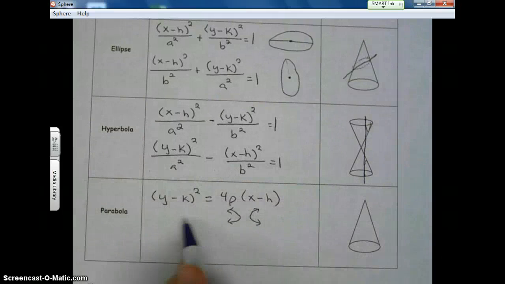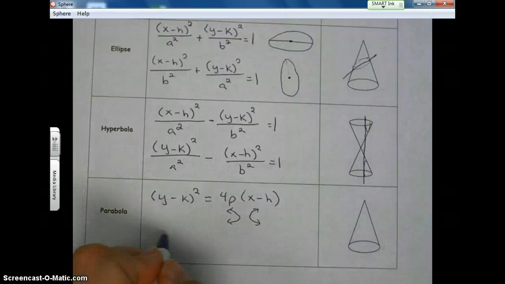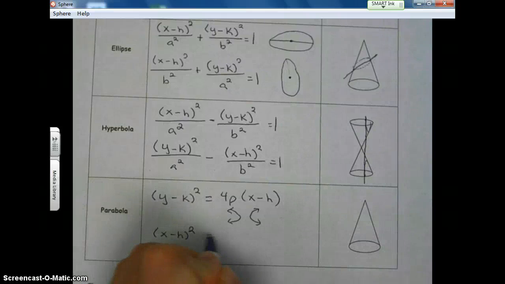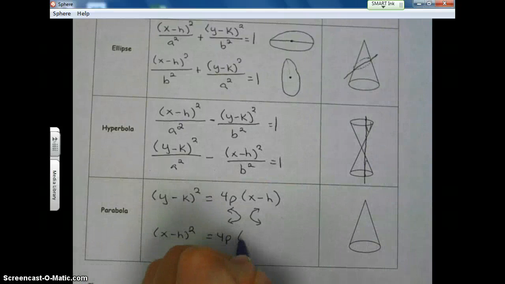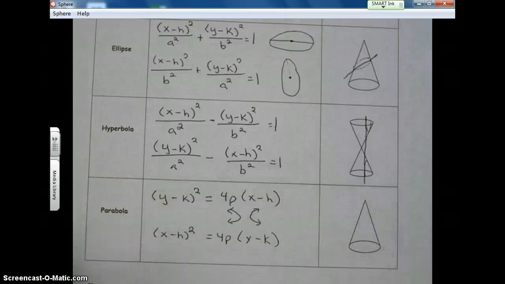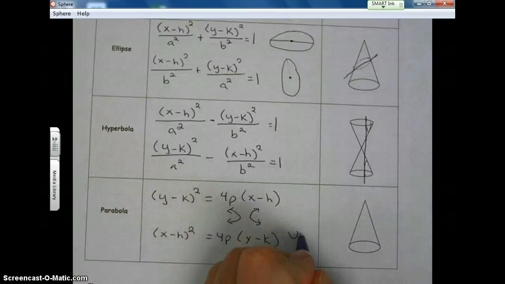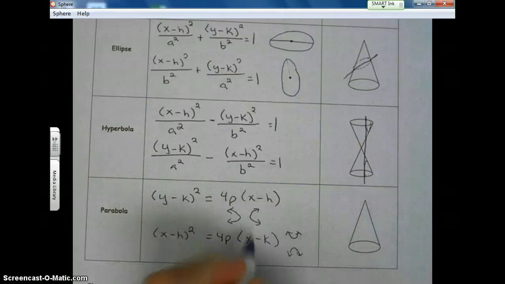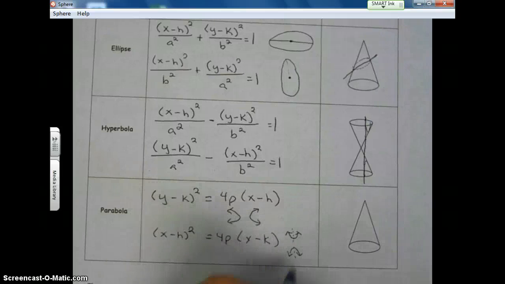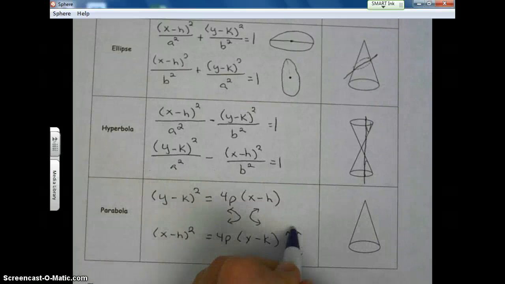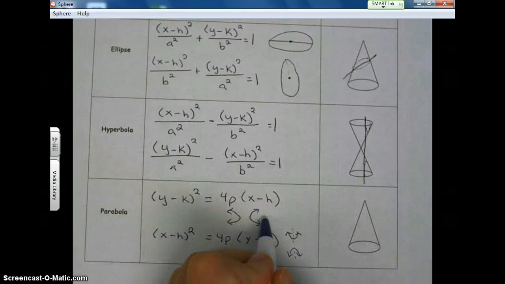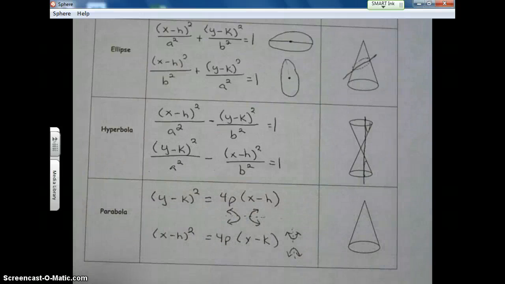That's called a horizontal axis. Or we could have a parabola opening up or down with a vertical axis. Sorry, I said that wrong. A vertical axis, horizontal axis.